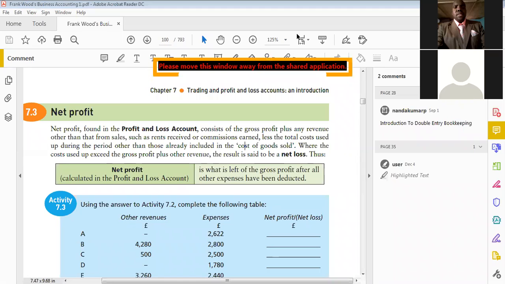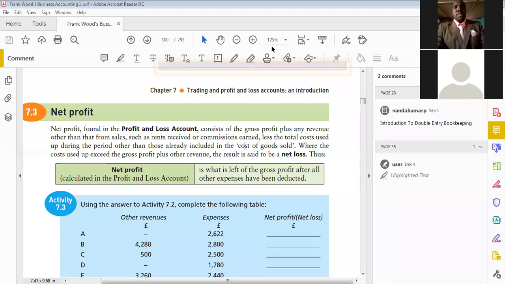All right. Now, I was saying a while ago that when you talk about total costs other than those in the cost of goods sold, they are referring to expenses, right? Which are not relating to the direct production of goods and services.